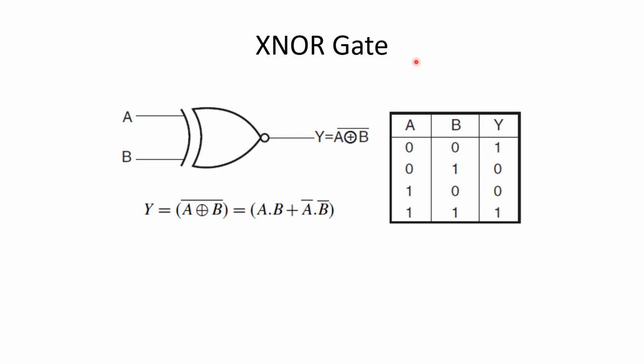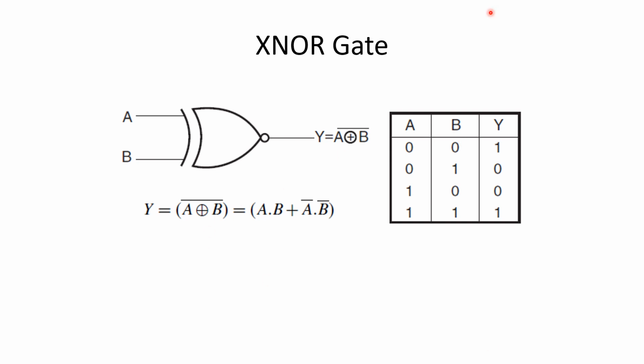The XNOR gate, or exclusive NOR gate, is a digital logic gate that outputs 1 only when the number of true inputs is even. For a 2-input XNOR gate, this means it outputs 1 when both inputs are the same, either both are 1 or both are 0.